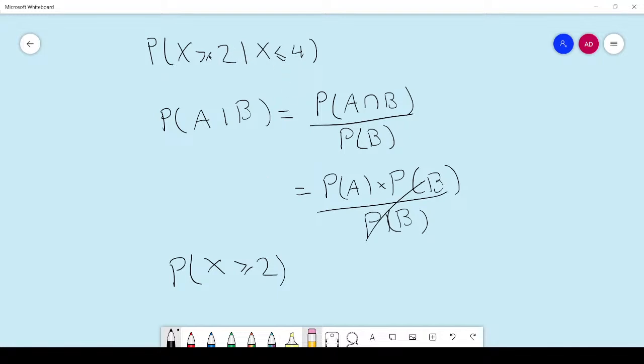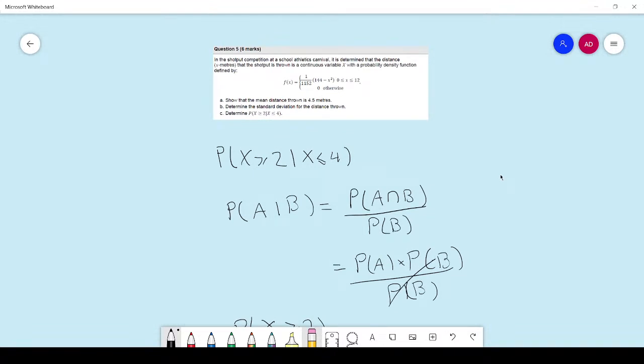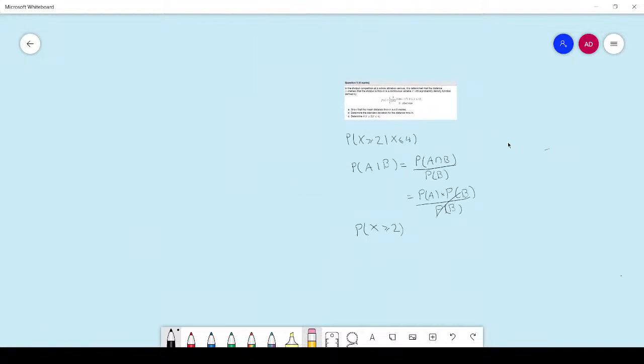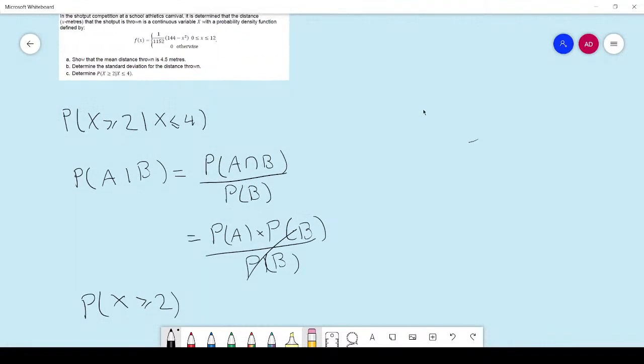There should be some intuition to that, because greater than or equal to 2, given this probability density function, the way it works when we're doing our bell curves, we get our bell curve, and we shade the probability up to a given event. If we're looking for something greater than or equal to 2, given that it's less than 4, that should be quite obvious. But let's shade in what we're actually trying to find here.